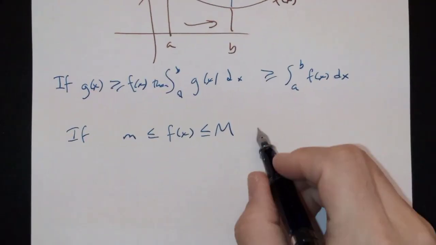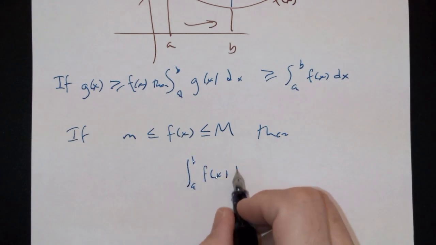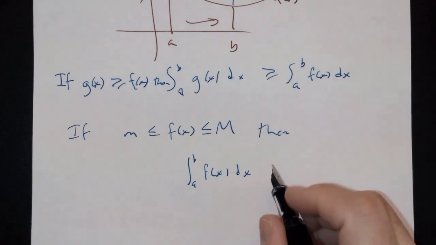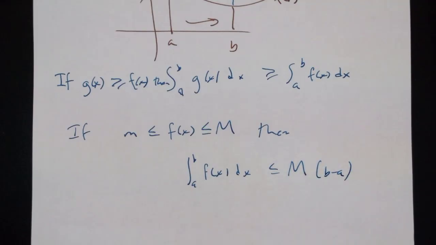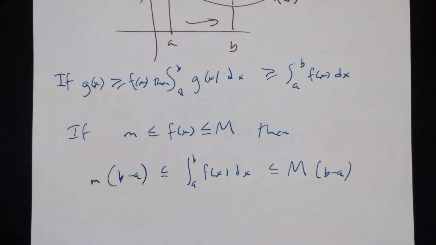Then the integral of f of x has to be less than the integral of capital M. But capital M is a horizontal line because it's a constant. And in the same way, f is always above or equal to little m. So I could integrate little m and get a lower bound.